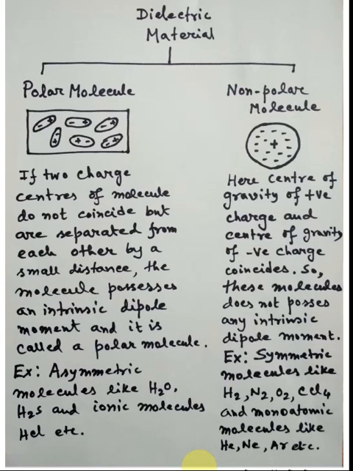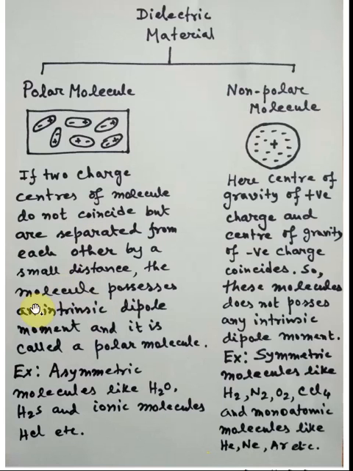So these molecules do not possess any intrinsic dipole moment. For example, symmetric molecules like H2, N2, O2, CCl4 and monoatomic molecules like helium, neon, argon, etc. are all non-polar molecules.